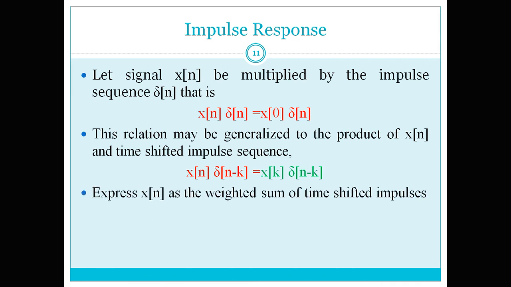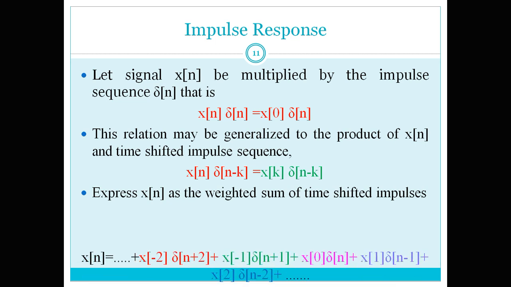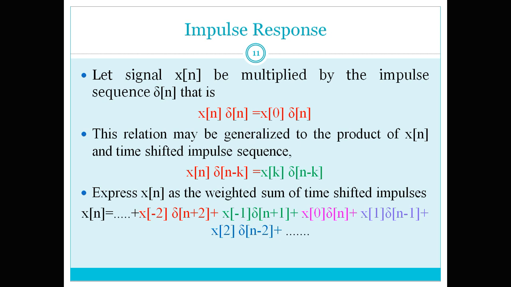To express x of n as a weighted sum of time shifted impulses, that can be easily dealt with here. Now x of n can be explained like this, from minus infinity to plus infinity. I am starting from minus infinity, and I would like to represent at n equal to minus 2: x of minus 2 delta n plus 2.